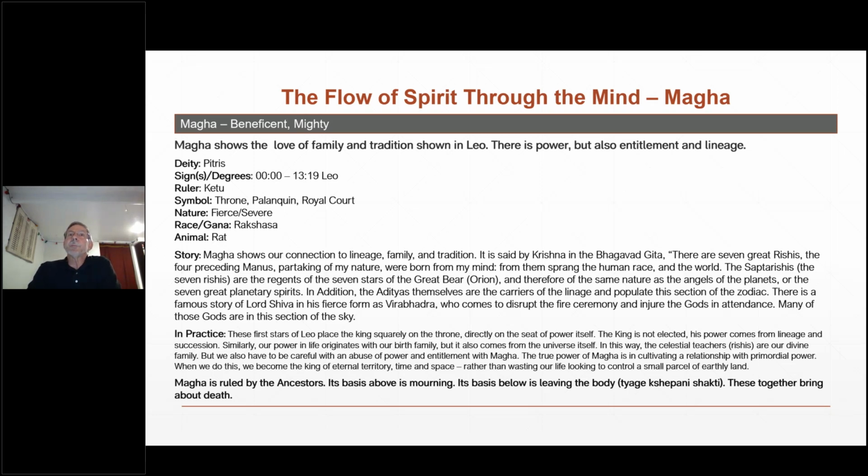In Magha, you have to be directly connected to the lineage, and you wouldn't see that kind of action flowing from the power seat. We can see all that coming from the universe and these celestial teachers and the true power. If you're not cultivating that relationship with your primordial power, you're missing that connection here.